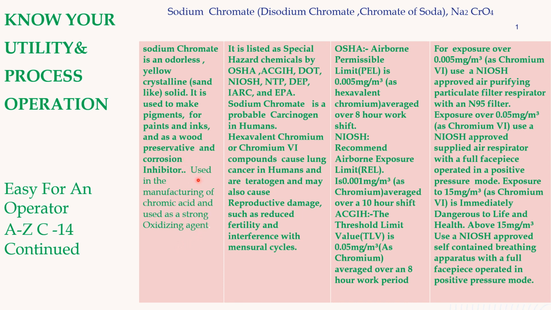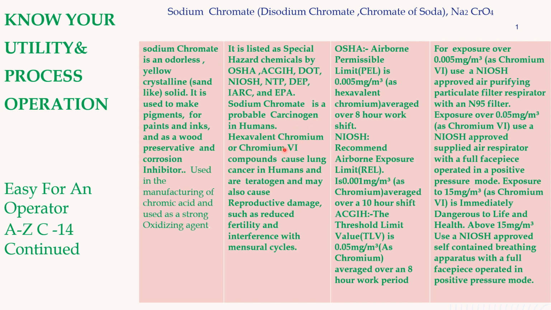Now, in cooling towers, they are using alternative chemicals in place of sodium chromate and sodium dichromate. It is listed as a special hazard chemical by OSHA, ACGIH, DOT, NIOSH, NTP, DEP, IARC, and EPA. Sodium chromate is a probable carcinogen in humans.